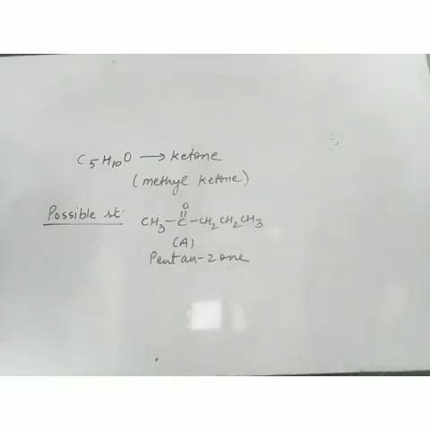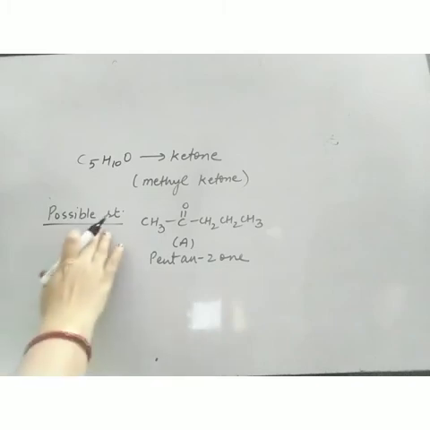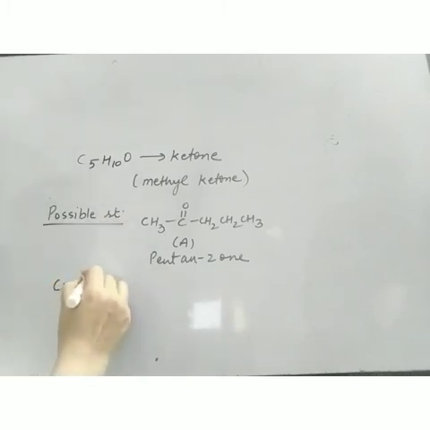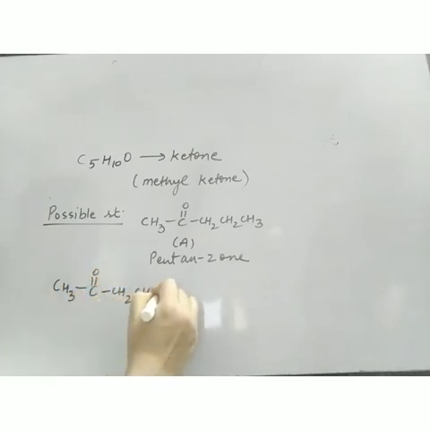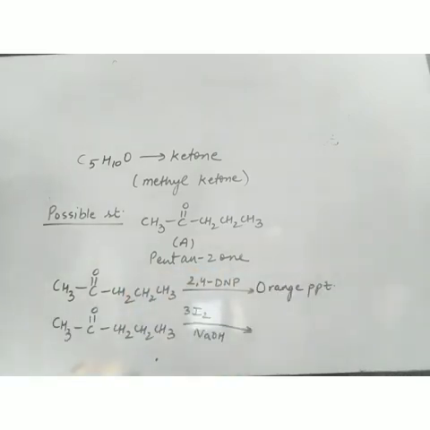Now the formula is C5H10O, and if it is a methyl ketone, it should be a saturated compound because the number of hydrogen atoms is high compared to carbon. So definitely the possible structure is pentan-2-one. Now let's see the reactions. This compound does not reduce Tollens reagent because it is a ketone, but it gives the 2,4-DNP test. Also it responds to the iodoform test, so it reacts with iodine and NaOH and changes to CHI3, that is iodoform, plus CH3CH2CH2COONa.